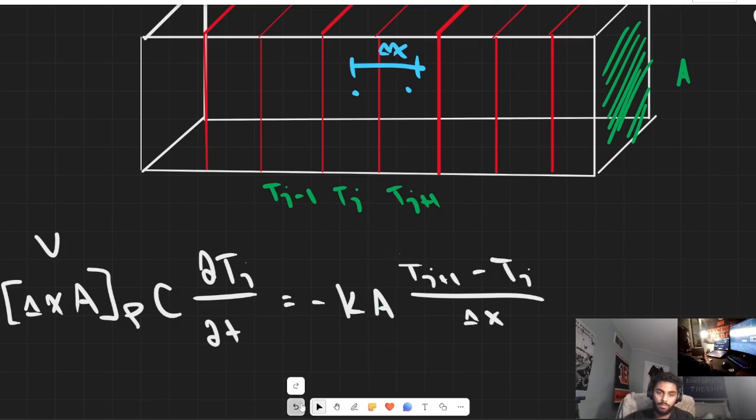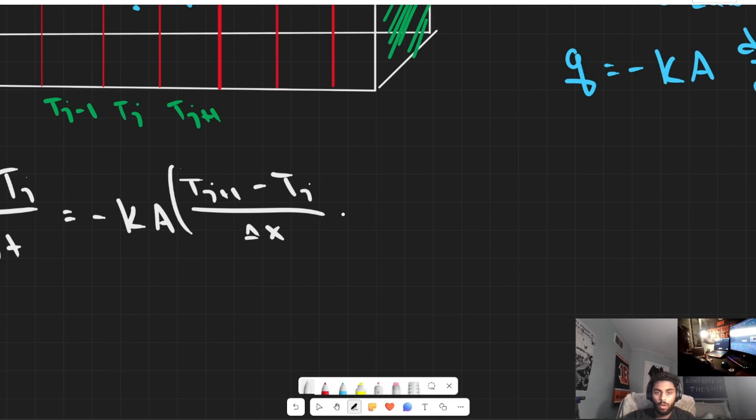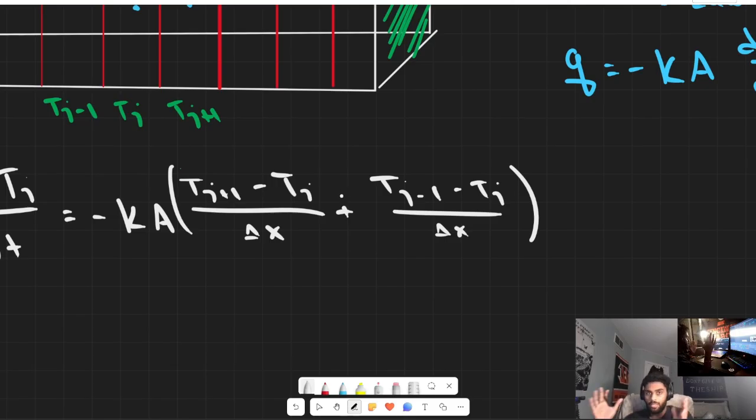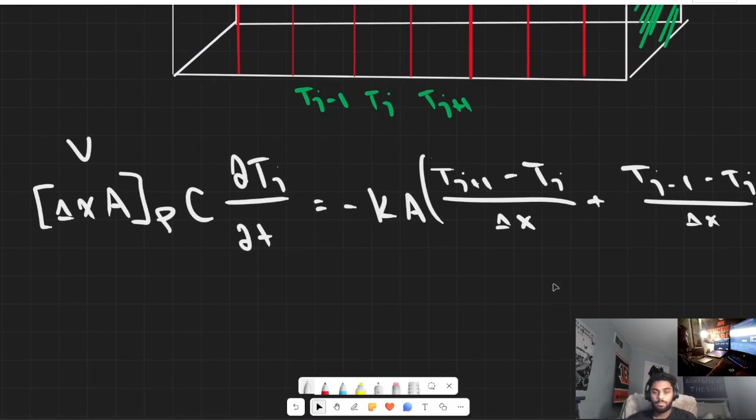So what we can end up doing, with the right color of course, is say, well, we can add on this term from the left. We'll say T j minus 1 minus T j over delta x, which is, again, the same. And this accounts for heat transfer on both ends of this bar. So that's kind of cool.